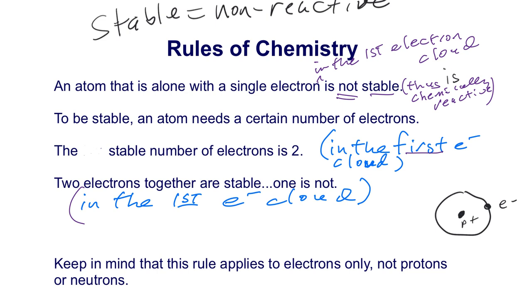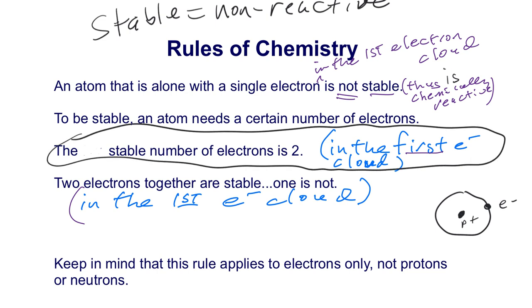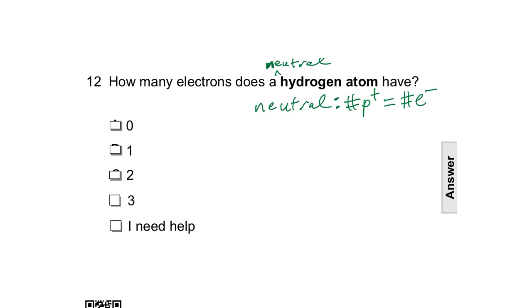Okay? So the first electron shell is unstable if there's only one electron in it because two will fill it. Okay, how many electrons does a neutral hydrogen atom have? Well, it's the same number of protons. And hydrogen has one proton because this is the first element in the periodic table.